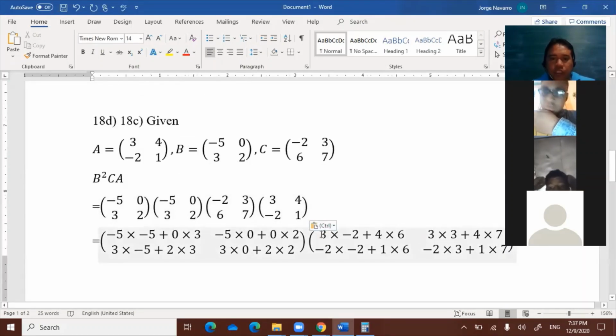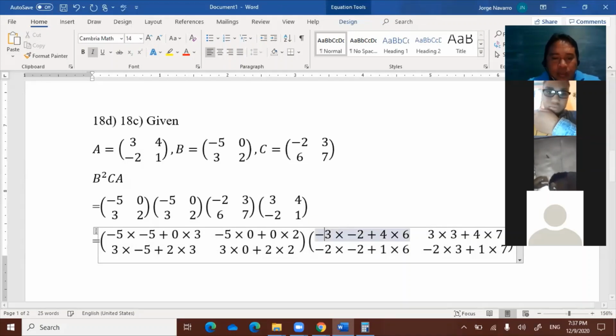So this one will change to -2 times 3 plus 3. So instead of 4, 3 times -2.